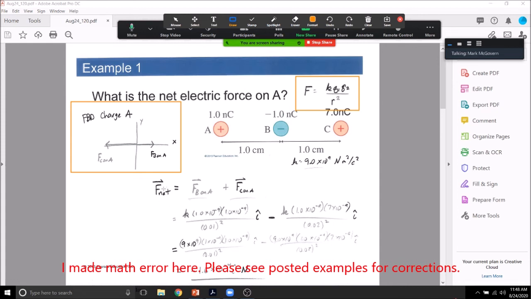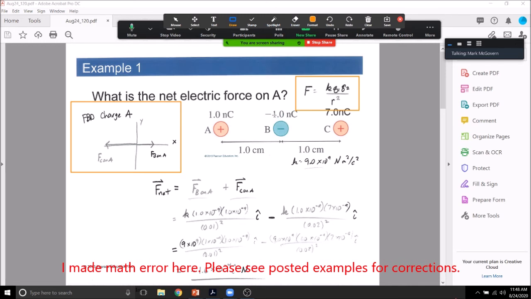So F net will be the summation of these two forces, and note that I'm putting things in vector notation now. The F of B on A will be a positive i hat, and I stuck my little i hat at the end there. And then for C on A, I have a negative i hat. And then note that all the charges that I put in here are positive, right?